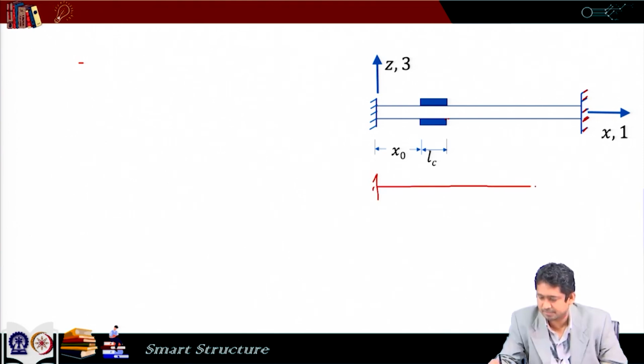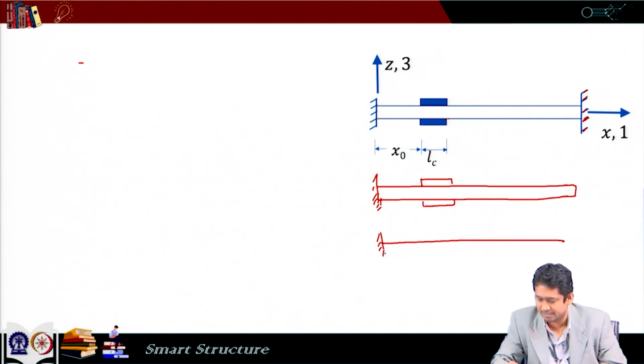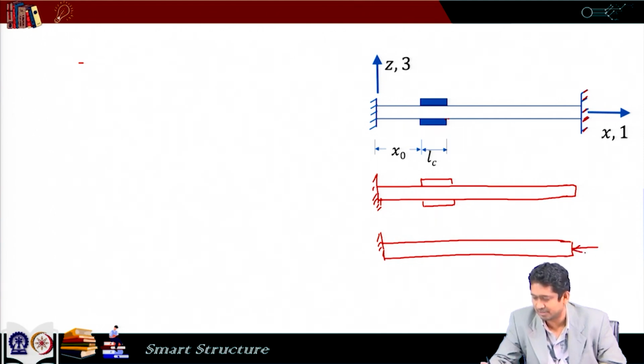In the first case, let us assume that it is only fixed at one side and we have only this, and then in the second case, let us assume that it does not have the piezo, but it has the reaction from the support, and let us call it R. I mean sorry, it has the piezos, but the voltage is not applied here.